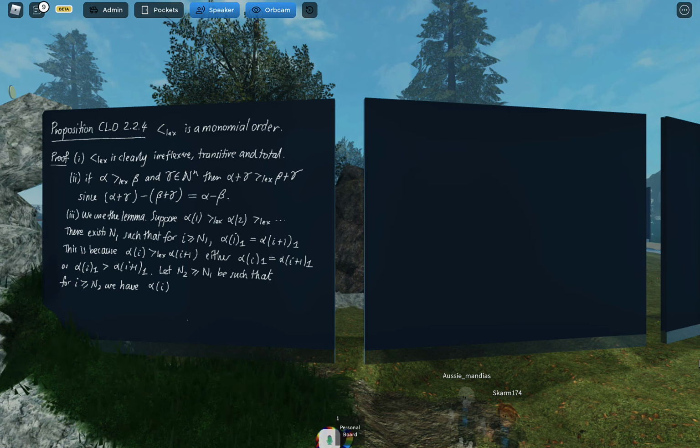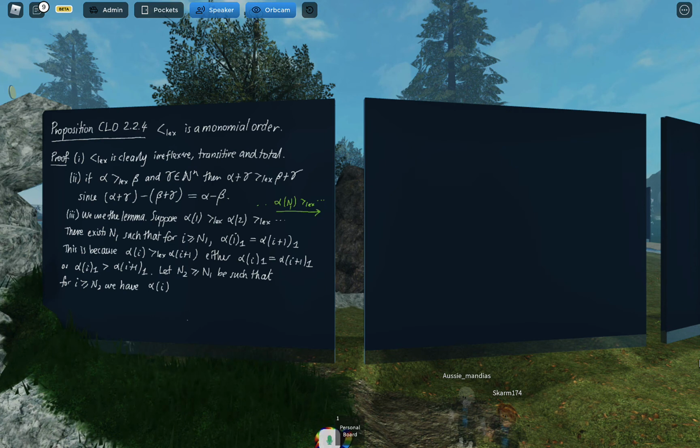Once we get down to alpha n and past here, the first positions are all equal, right, by definition of n1. So when we're comparing them in Lex order, we ignore the first position and we look just at the second position, and then the third if they're equal, and so on.